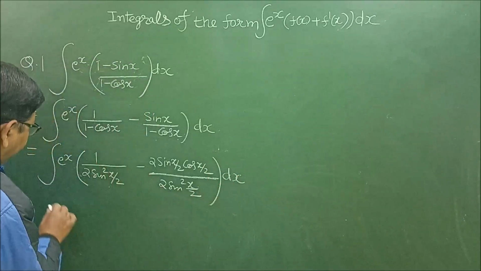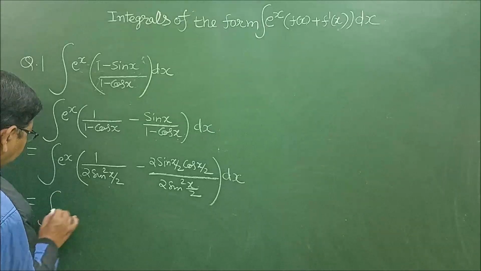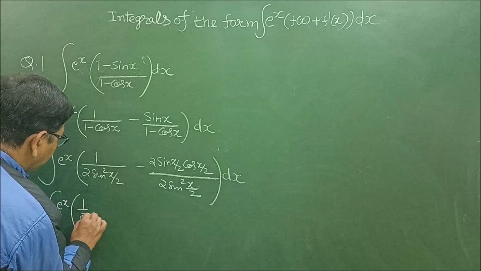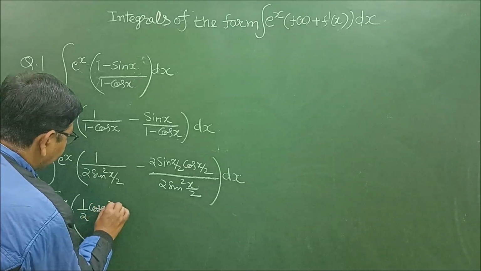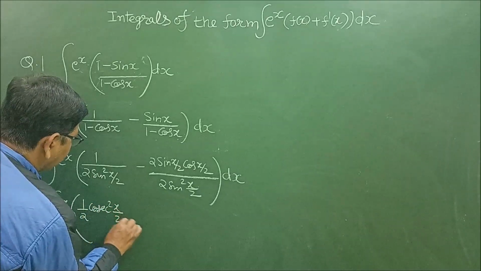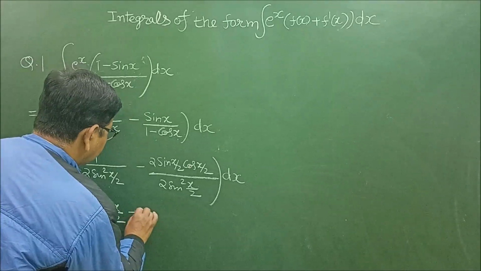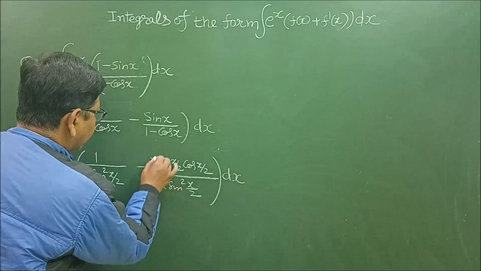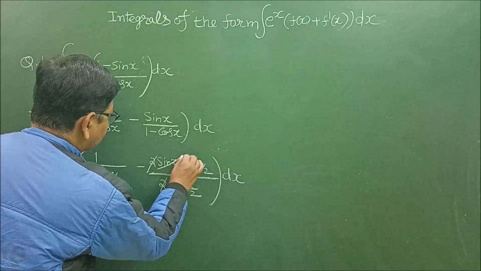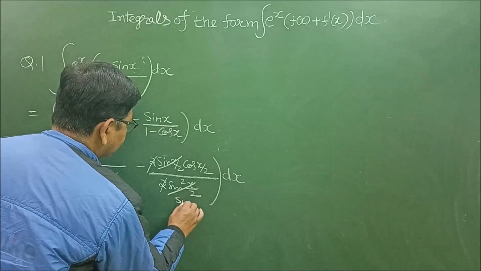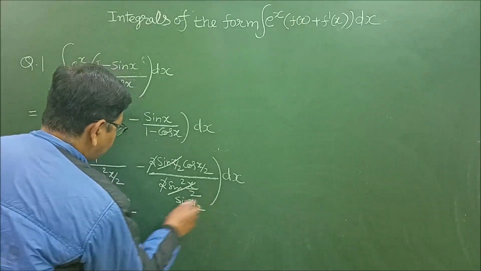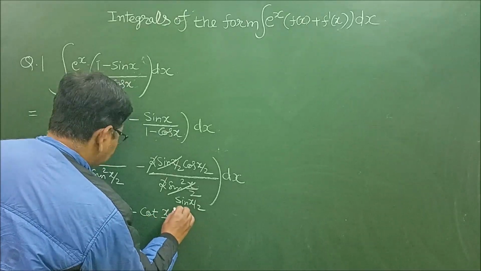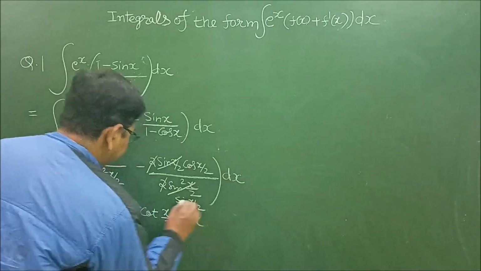Now further simplifying it, integral of e raised to the power x, and in the bracket 1 upon 2 cosec square x by 2 minus, here the 2 and 2 get cancelled and sin x by 2 gets cancelled, so minus cot x by 2, dx.